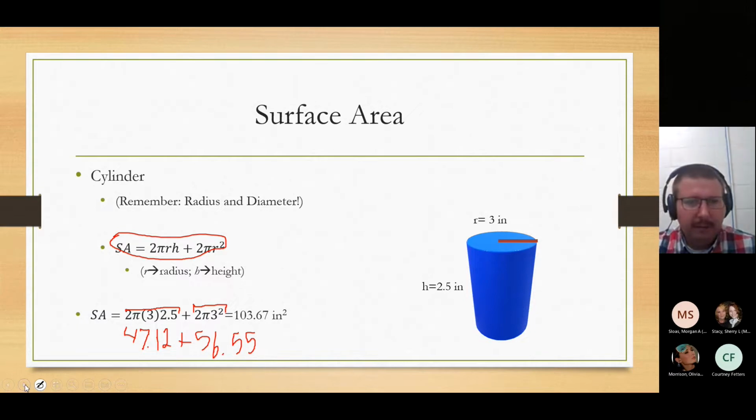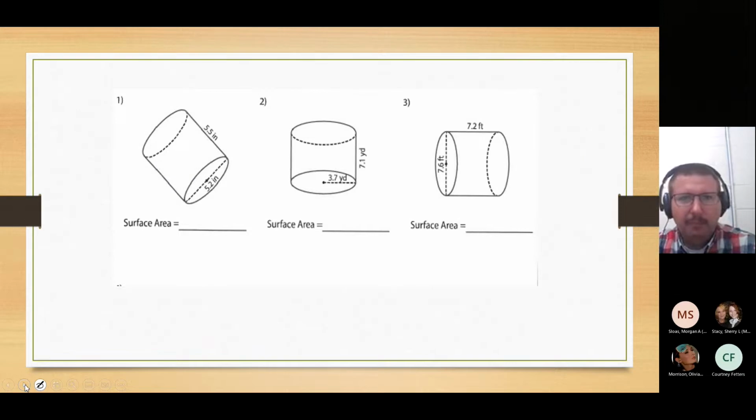So here are the 3 examples. Number 2 is just with the radius, but 1 and 3, I gave you the diameter, and you have to half it, and then plug it into the formulas.